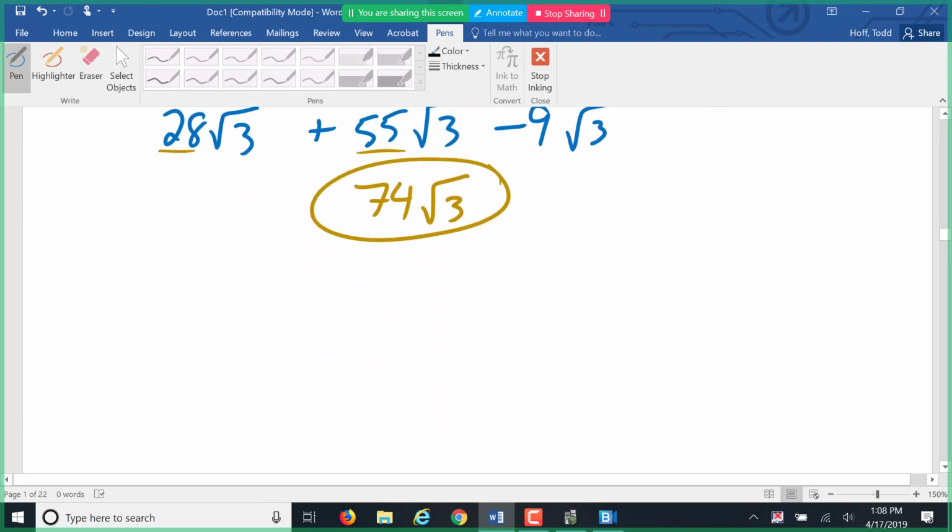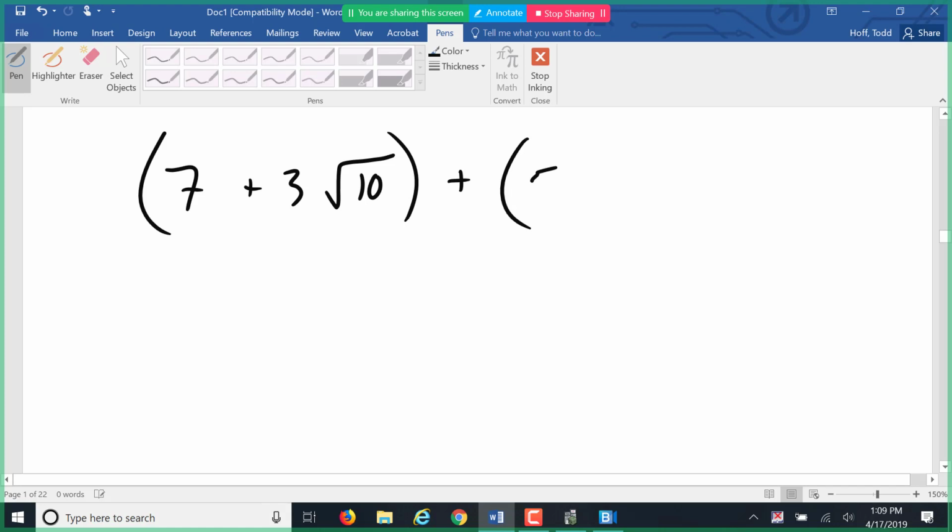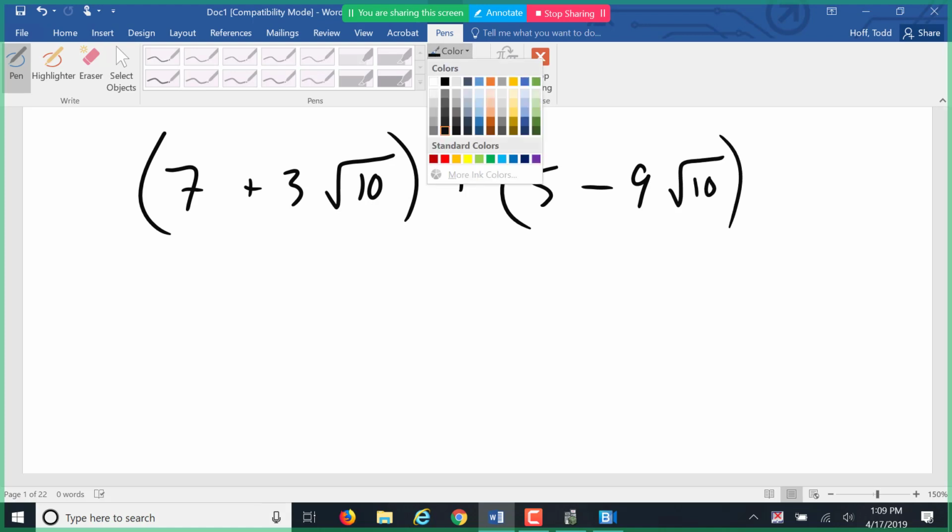Now, it's not always going to be simple radicals like that. We might have 7 plus 3 square roots of 10 plus 5 minus 9 square roots of 10. Actually, I'm not going to use 8. That would be a bad number to use. And we would treat this just like we would an algebraic number.